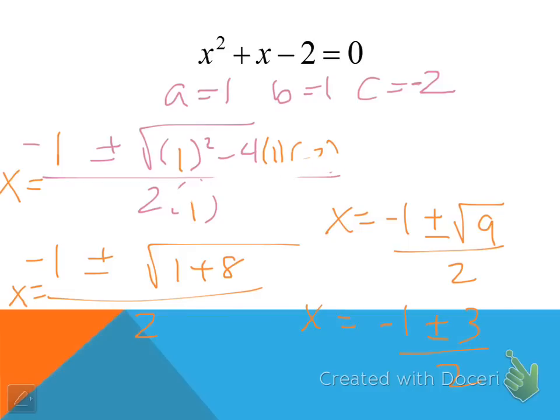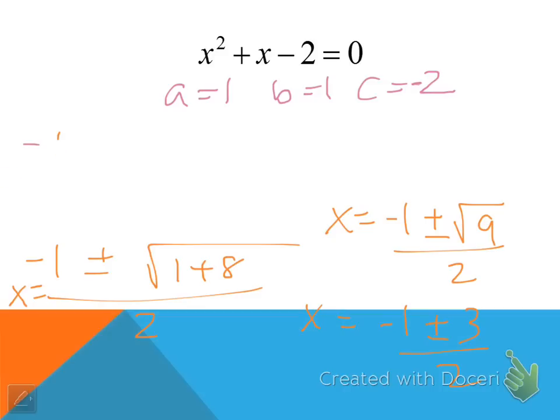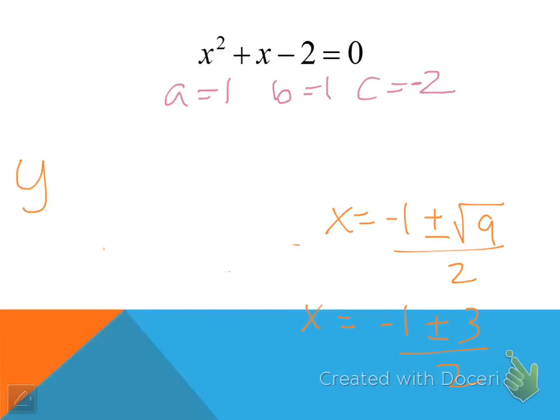Okay, and then I'm going to erase this so that I have room to keep writing. Y equals, now we have to split it up. Because we have this plus or minus, we have to split it up to be able to reduce it.